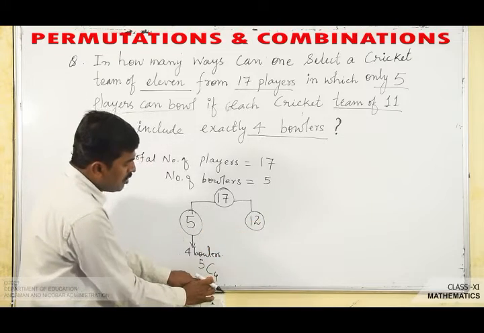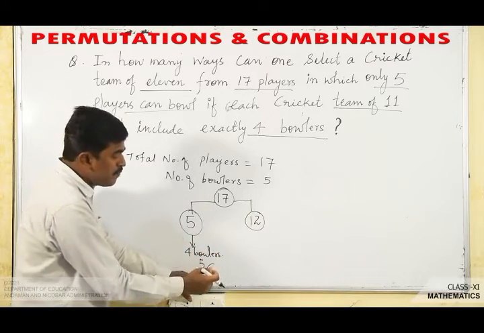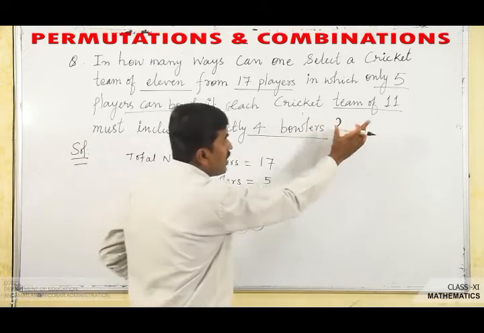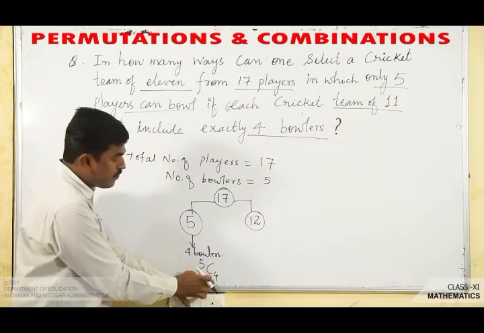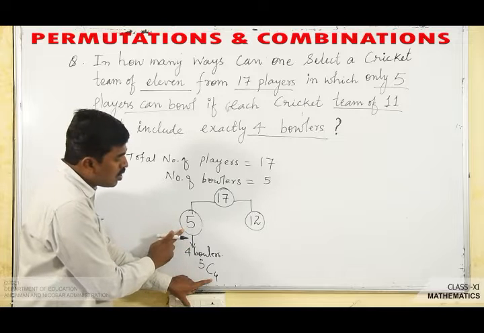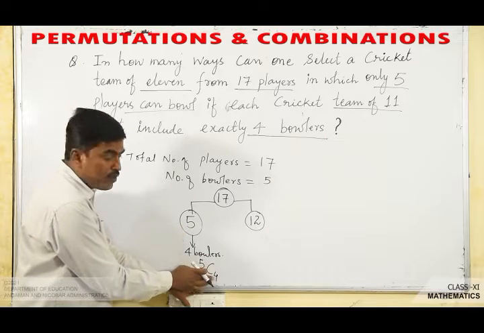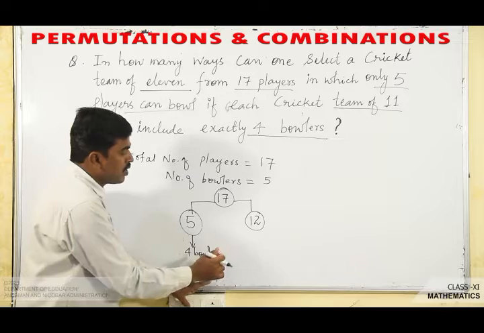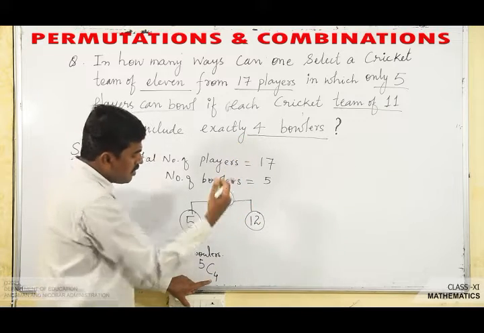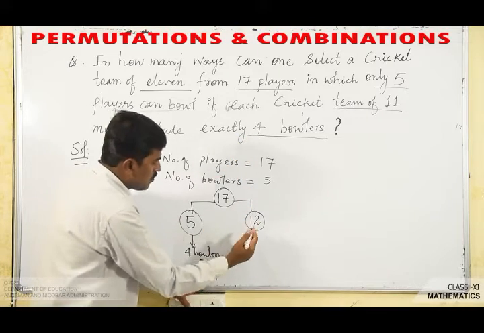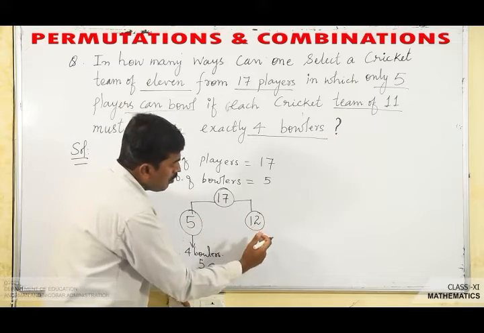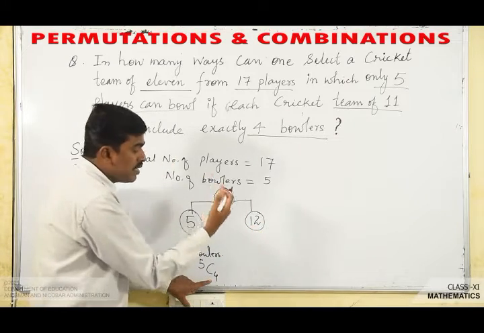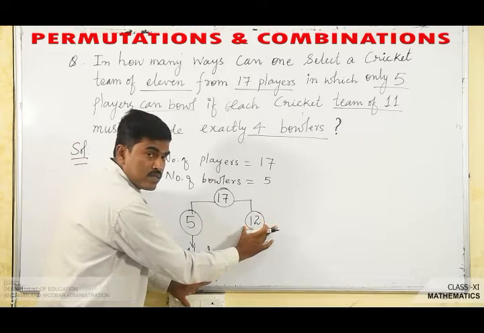Now how many players are remaining to be selected? We have to make a team of 11 players. So 4 players are selected from the bowlers. That means out of these 5 bowlers, 4 bowlers are selected. Now we have to select the remaining 7 players out of these 12.